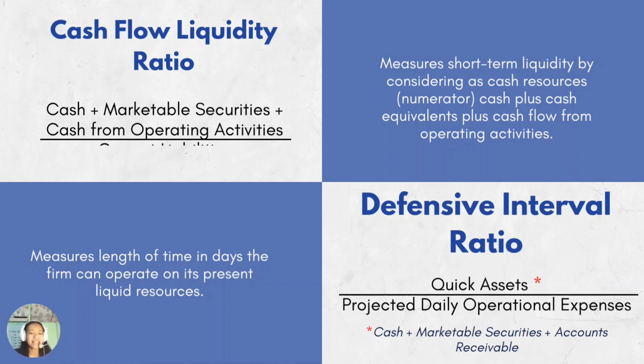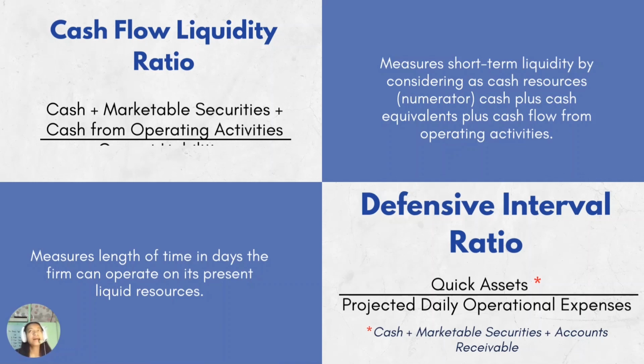Defensive interval ratio measures the length of time in days the firm can operate on its present liquid resources. So, this reflects the percentage of near cash items to the daily operating cash flows. Basically, defensive interval ratio indicates how many days a company can operate without needing to tap into the capital resources or its current assets. So, hindi siya magre-rely doon sa mga capital resources ng firm.